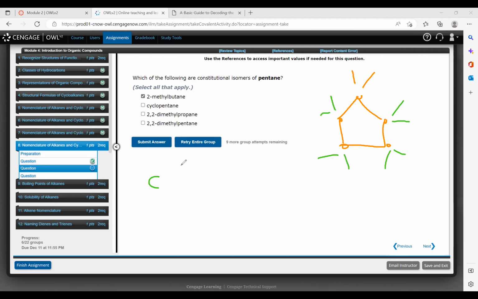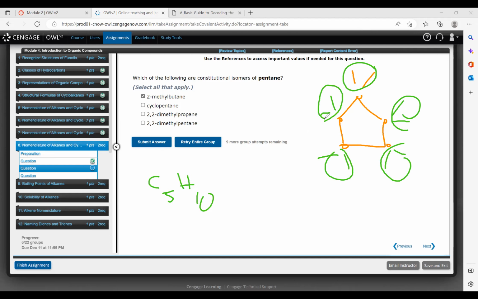So we'd have C5H10. That's not going to work. We want a C5H12, so cyclopentane isn't going to be able to work. We also know that this 2,2-dimethylpentane can't work because pentane would be C5, but if you had 2 additional methyls, that would add on 2 more carbons. So that's not going to work.